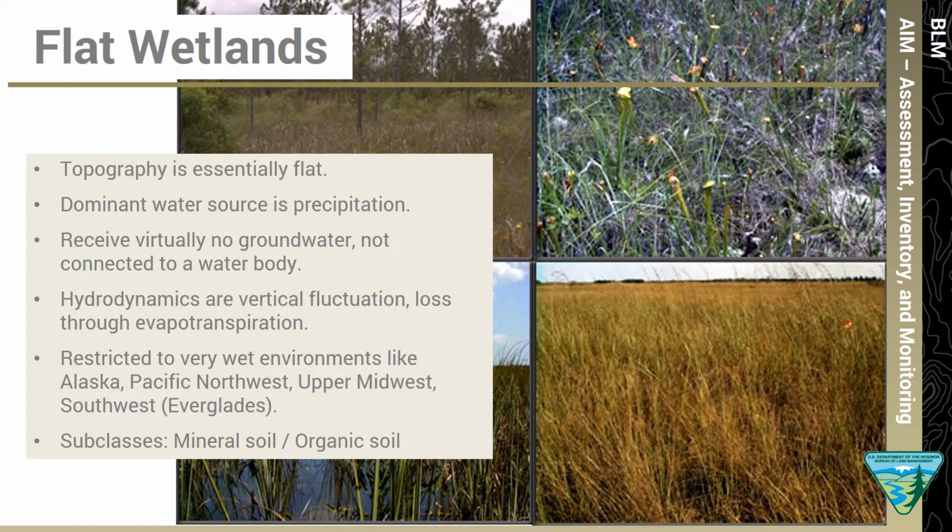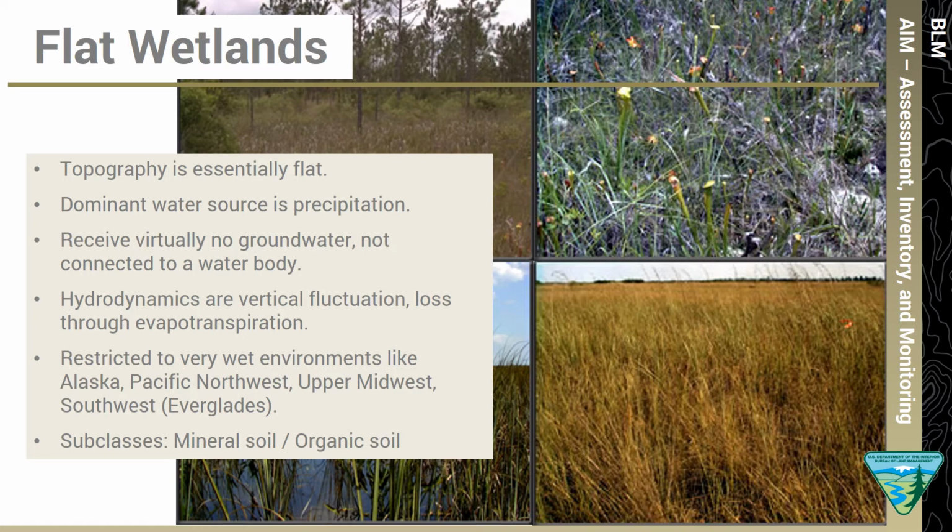These sites are restricted to very wet environments, like Alaska, the Pacific Northwest, Upper Midwest, and the Southwest, where extensive precipitation can sustain soil saturation. They are uncommon in the arid West and Rocky Mountains. Just because a topography is flat does not mean a site fits the flats HGM class.